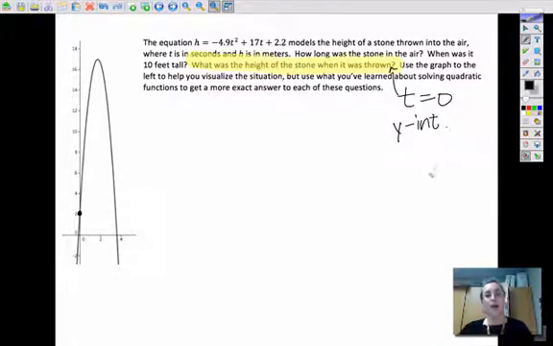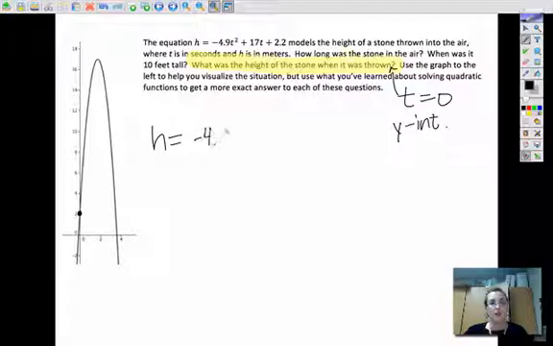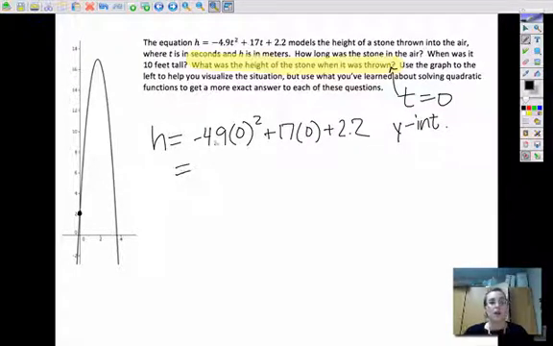And if you remember back to the last video, the y-intercept is easily found when something's given to us in general form, because I'm trying to find the height with time 0 plugged in. So if you'll notice, this term's going to go away because it's multiplying by 0.